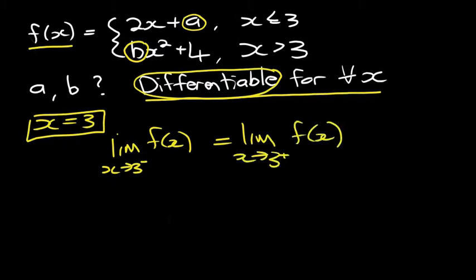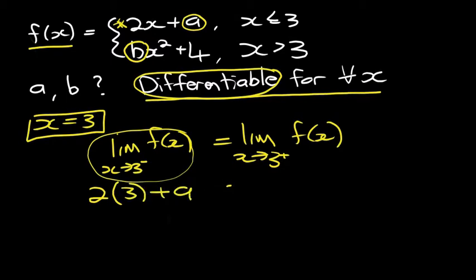If we approach 3 from the negative side, we are going to work with this piece, and then we just place 3 into the x there. That is equal to the limit of f(x) as x approaches 3 from the positive side, where we work with bx squared plus 4.